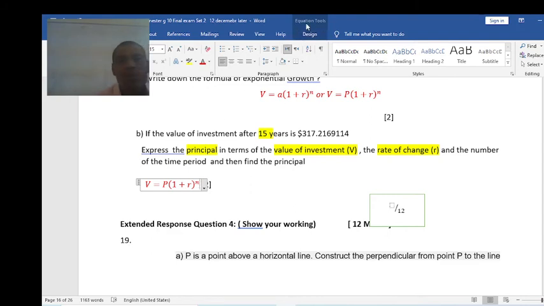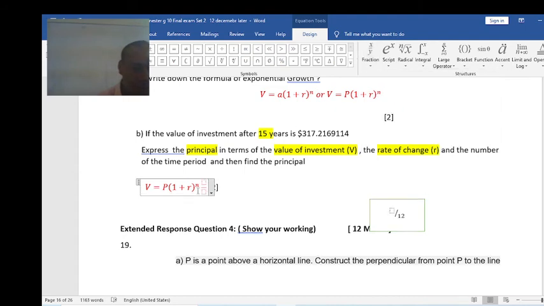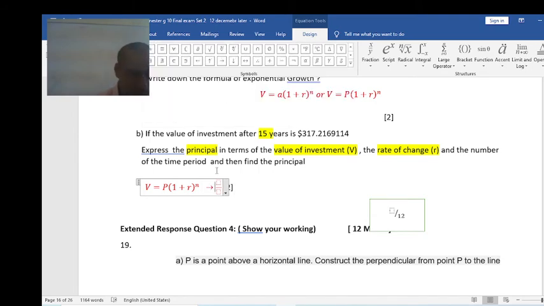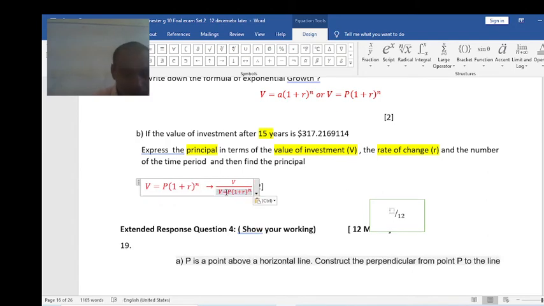I will go to insert equation, fraction. So, therefore, this gives V divided by 1 plus R to the power N. Now I will erase this one.